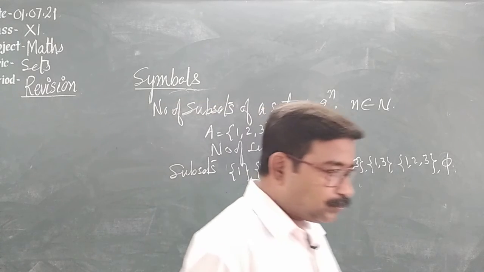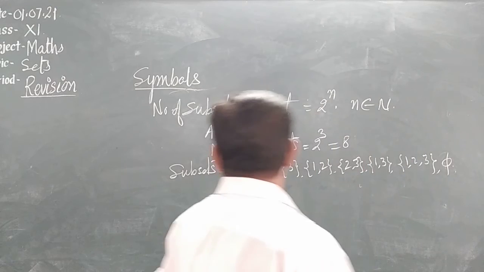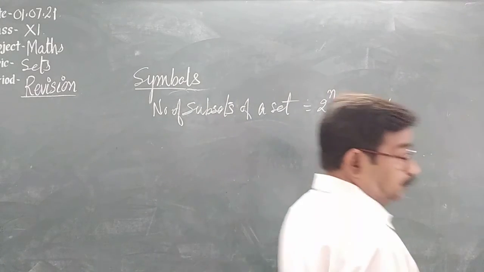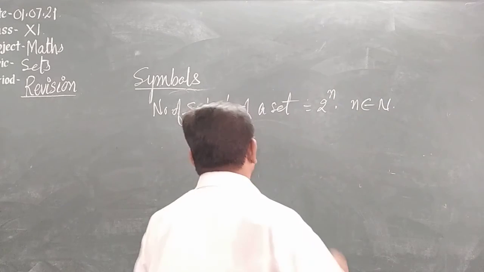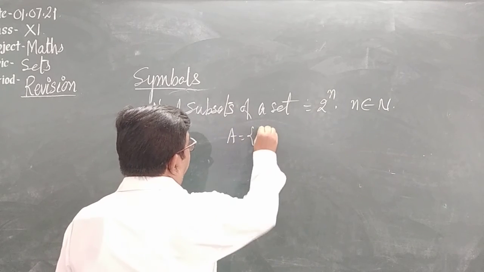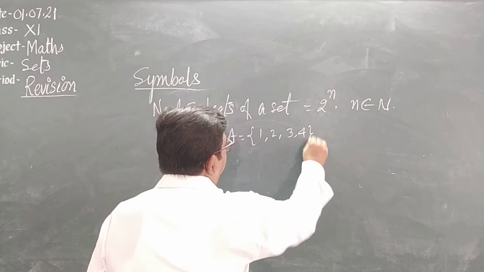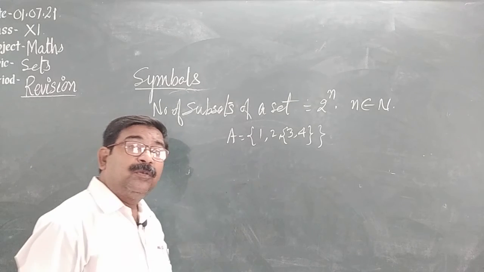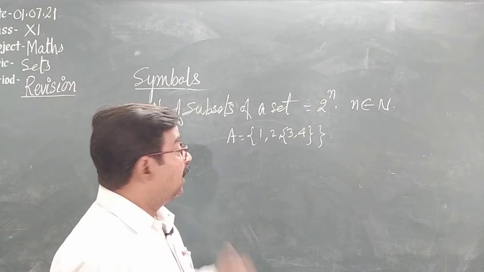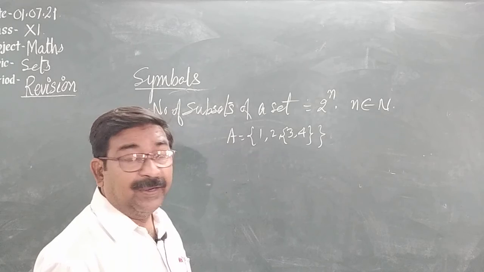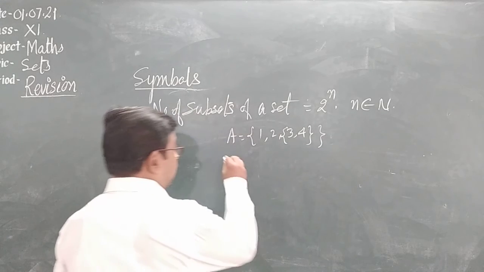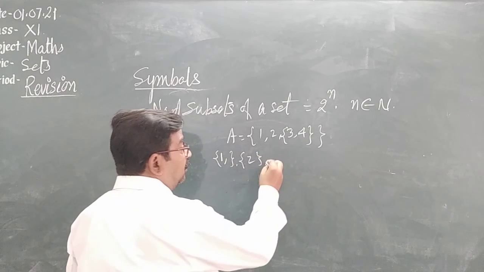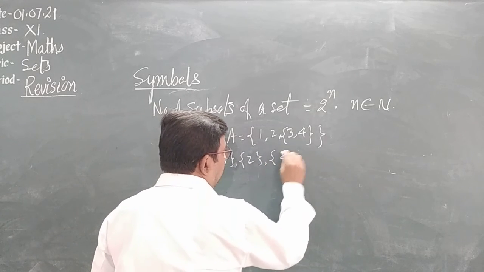Now, suppose we are given a set A containing 1, 2, 3, 4, where 3 and 4 are together in a bracket. When we write the subsets and separate the elements, 1 is an element, 2 is an element, and {3, 4} is an element.